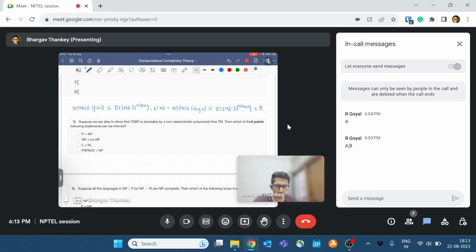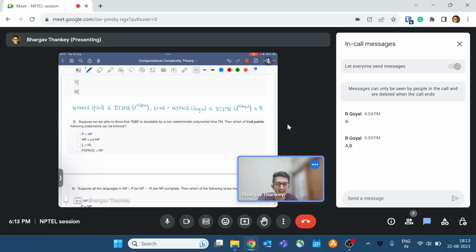Okay. How do we know that TQBF is in NP? TQBF is a variant of the satisfiability problem, only having some extra quantifiers. Right. But because of those quantifiers, we don't know that it's in NP, right?